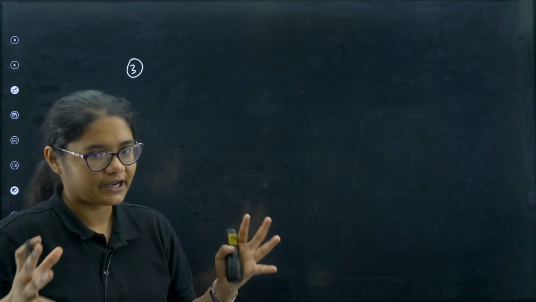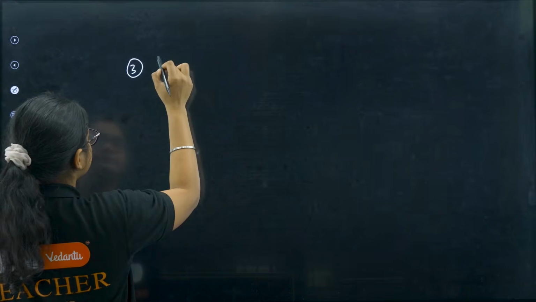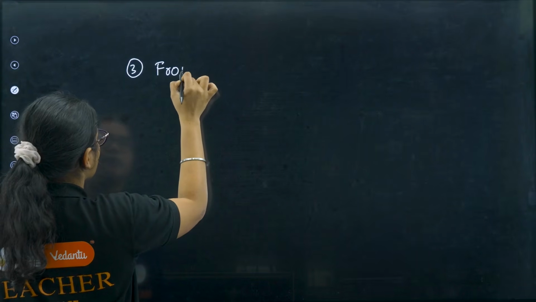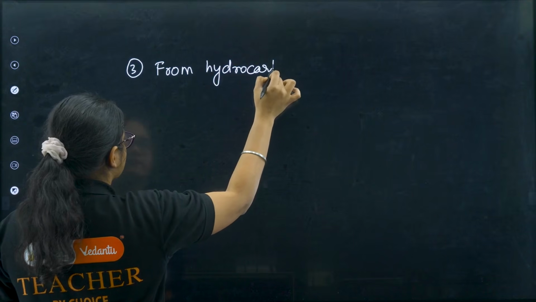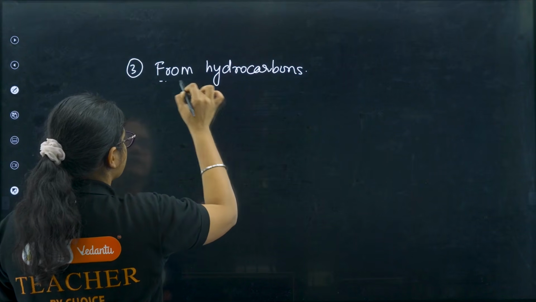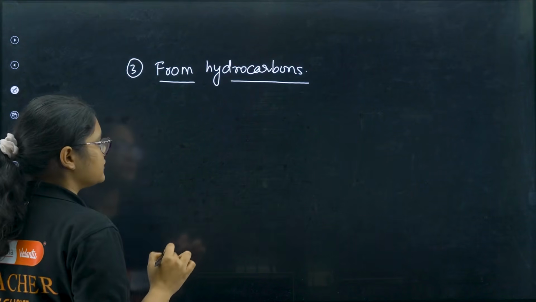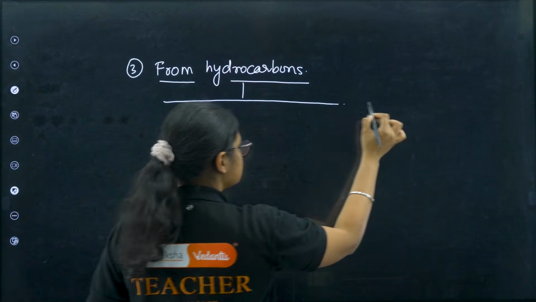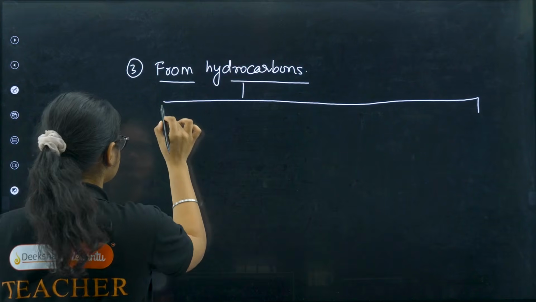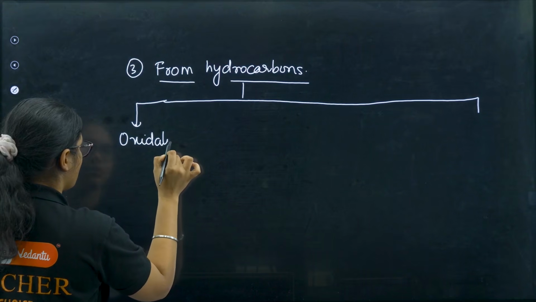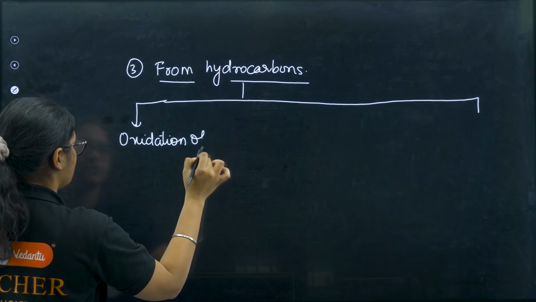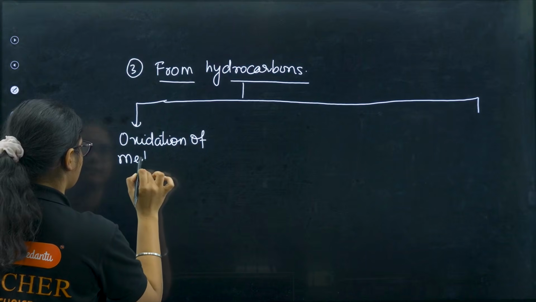The third method is from hydrocarbons. After studying, you should write it like this one time so that you can remember all the things. The first method under hydrocarbons is oxidation of methyl benzene.